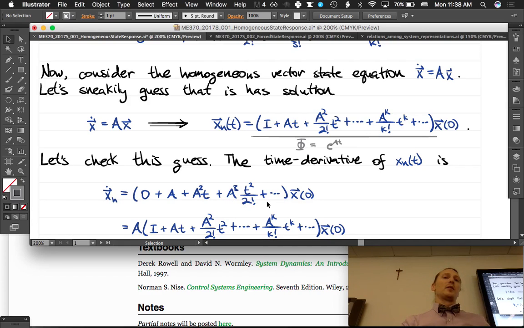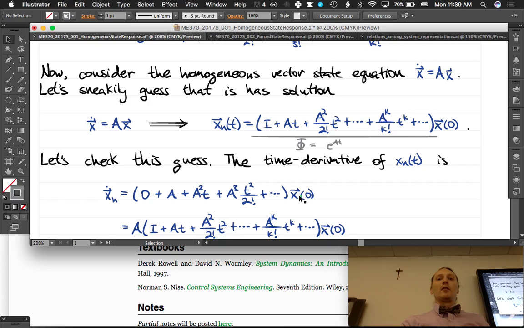It's pretty much straightforward, I guess. Each term you take the time derivative, it drops the t polynomial by 1, and your denominators all have the top factorial term canceled. So it's pretty straightforward. And then multiply by x of 0.